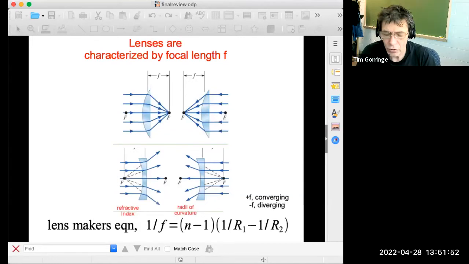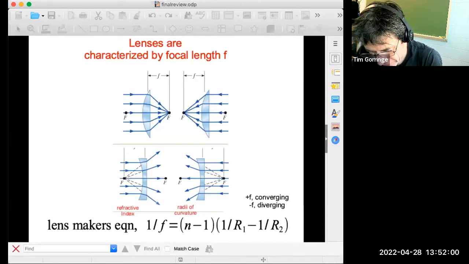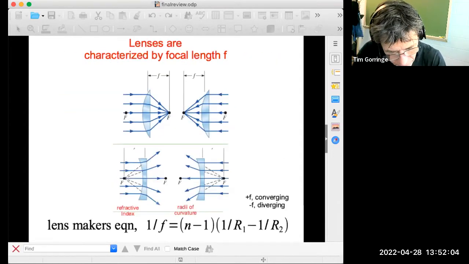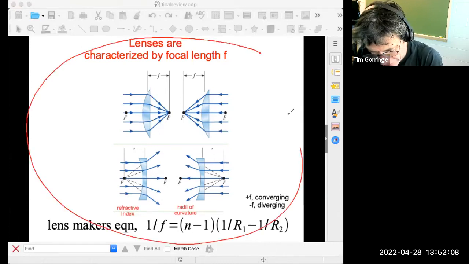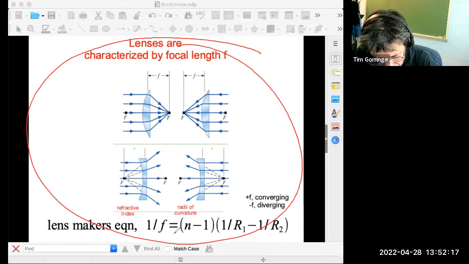So we also talked about images that are formed by lenses. Here's the corresponding equation and picture of the focal length of a lens, corresponding to the focal length of a mirror. So the focal length of a lens, which is kind of its personality, is described by this equation here.